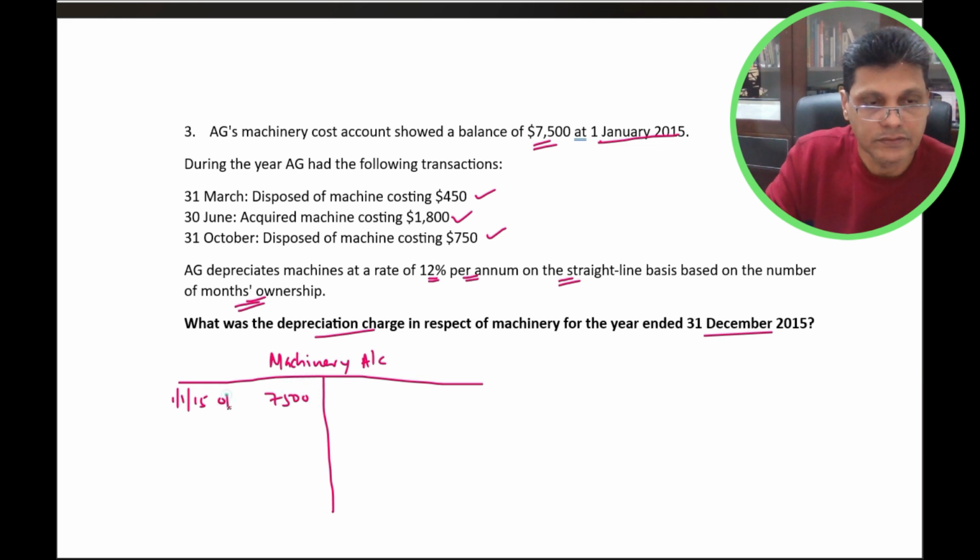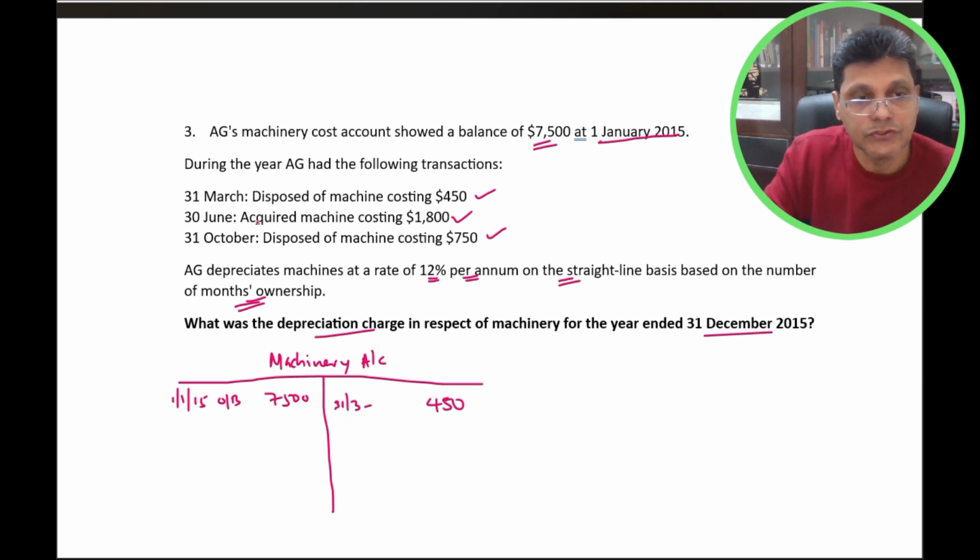This is the opening balance, brought forward balance. And 31st March, machine worth 450 was sold. So 31st March, the cost will reduce by 450.